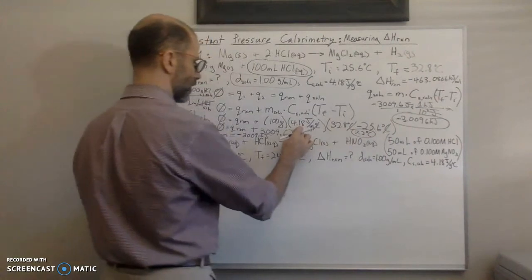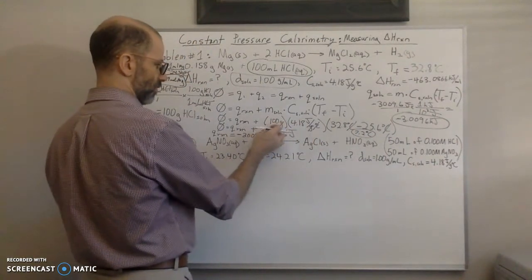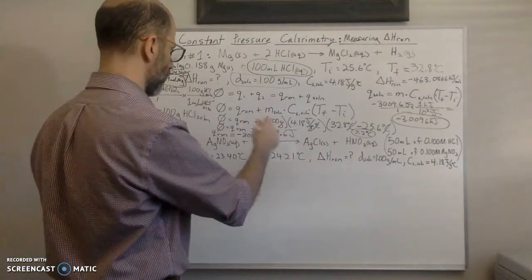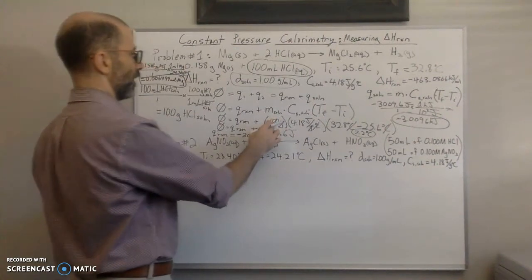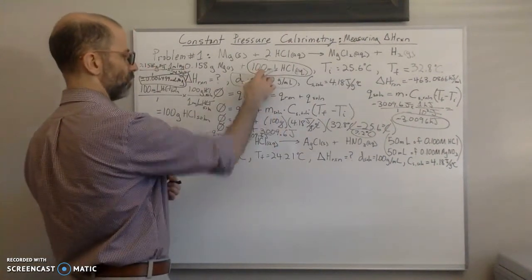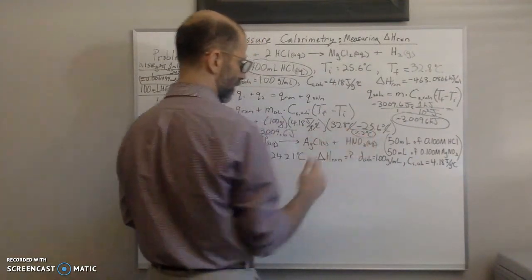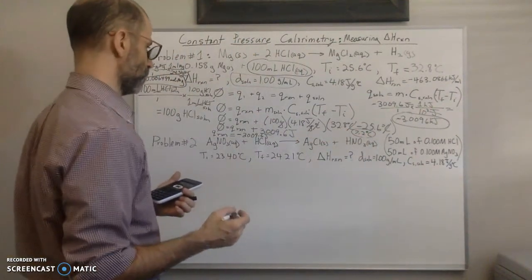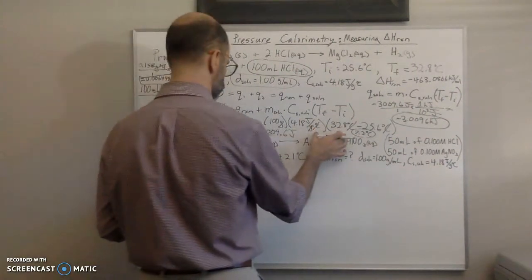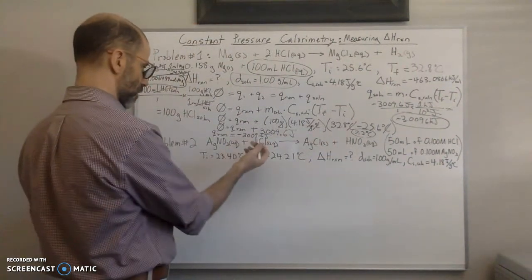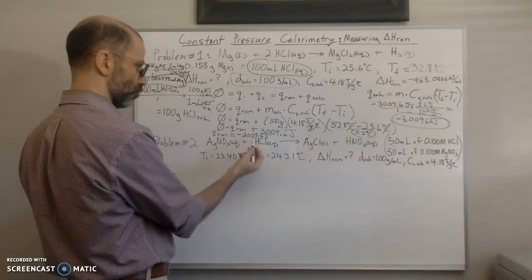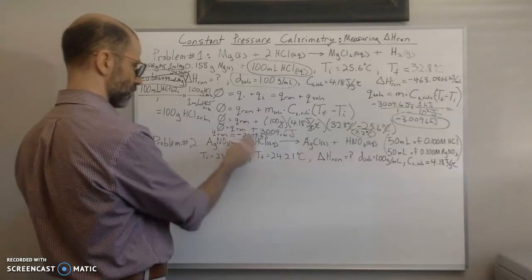The other values are 100 grams, which is 3 sig figs. So the lowest number is 2. So that means that our final answer should be in 2 sig figs.